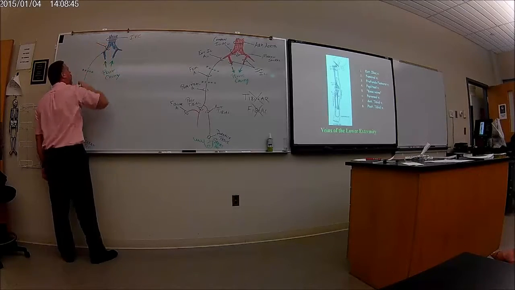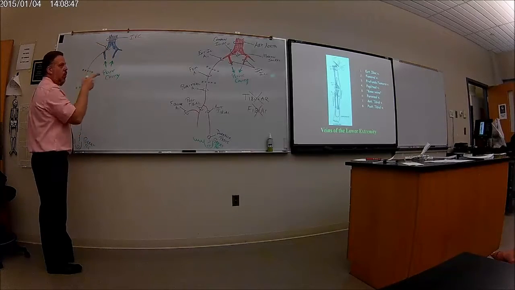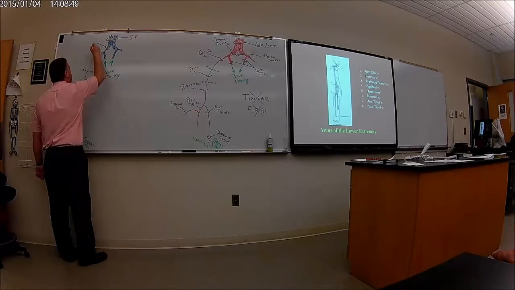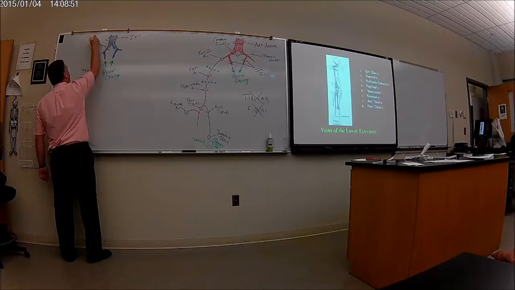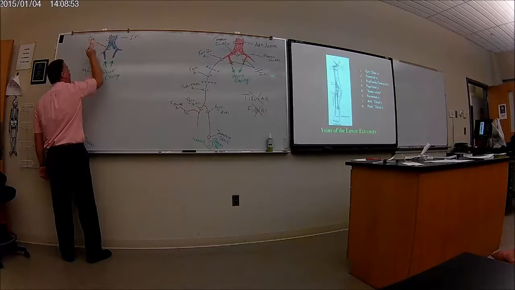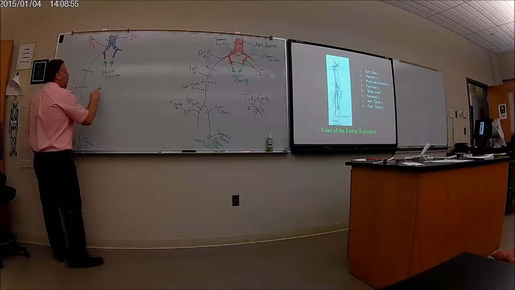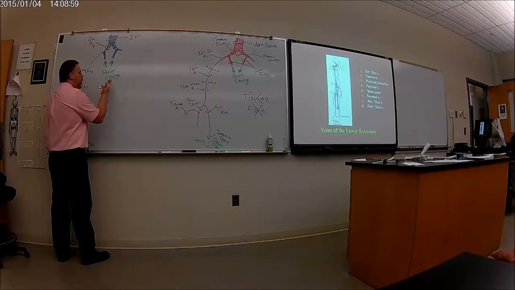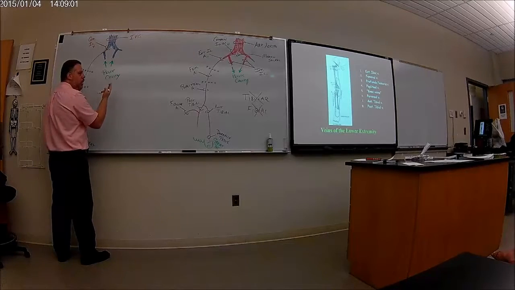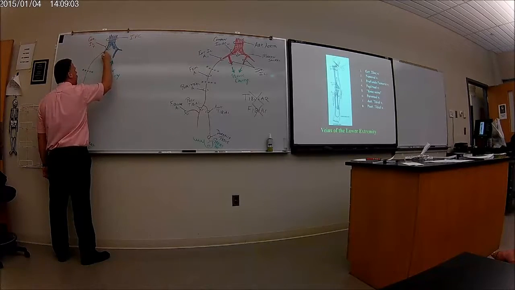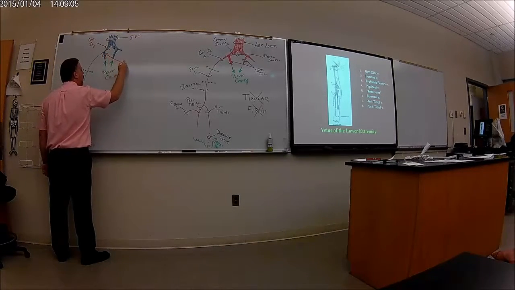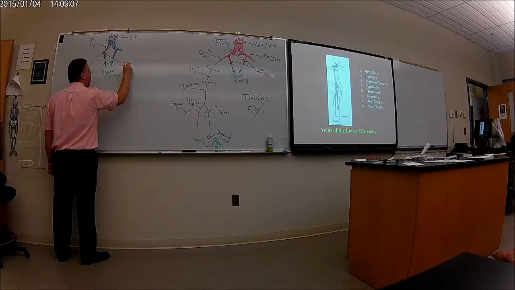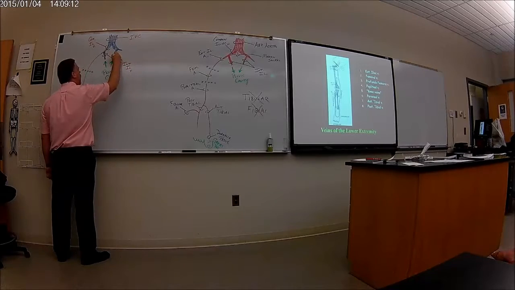What is this? That's the common iliac, but these are veins now, right? The pelvic cavity is going to be drained of deoxygenated blood, and it's going to go into, what is this? The internal iliac vein, right? There's one here too.